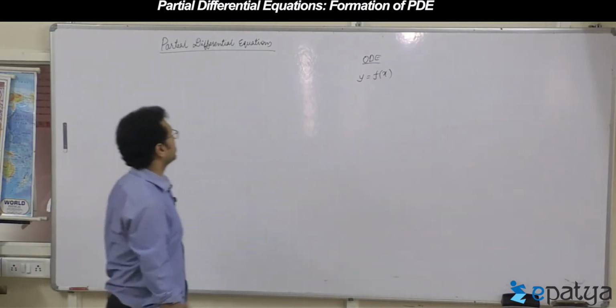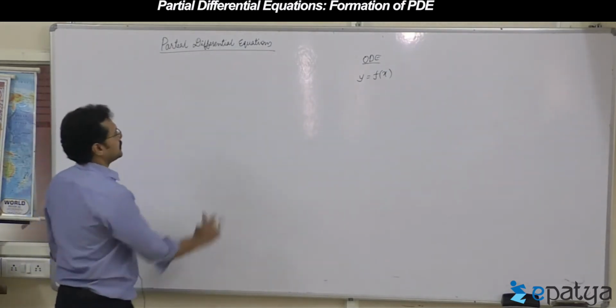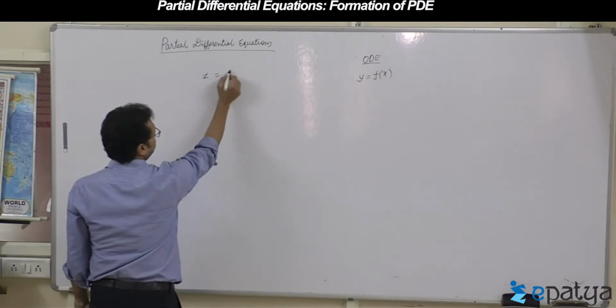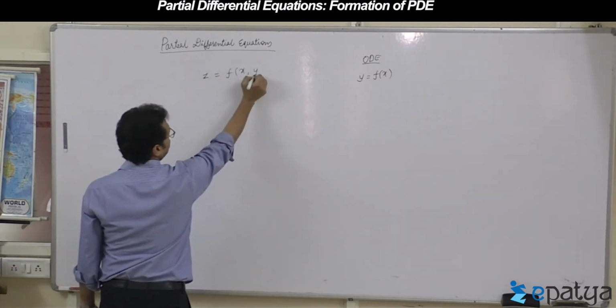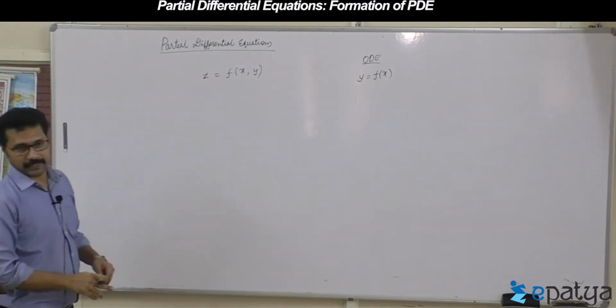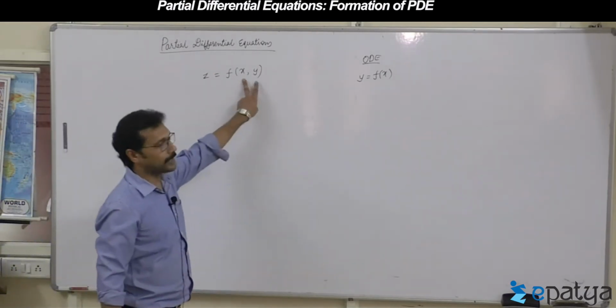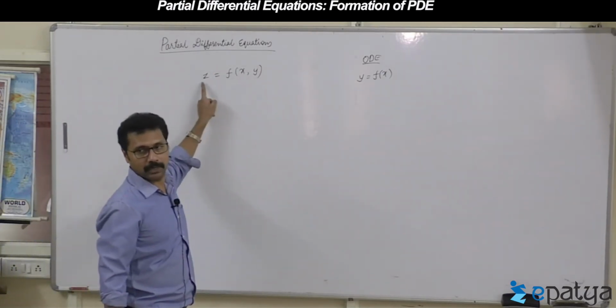But in the case of partial dependencies, suppose I have z as a function of x and y, I have two independent variables and one dependent variable.